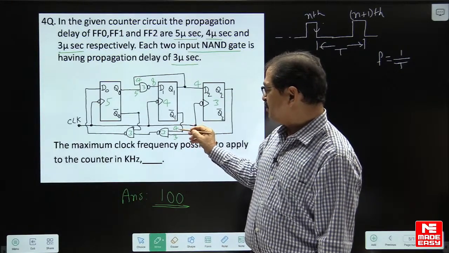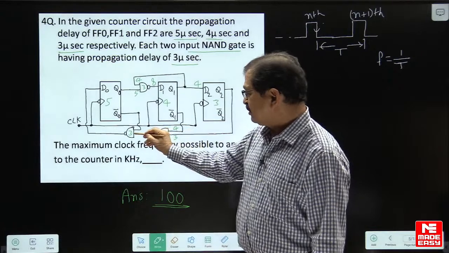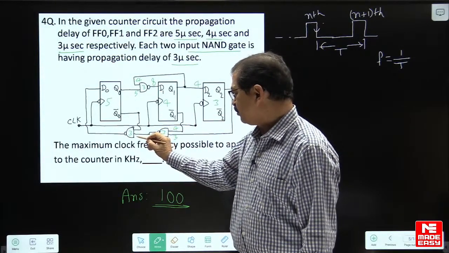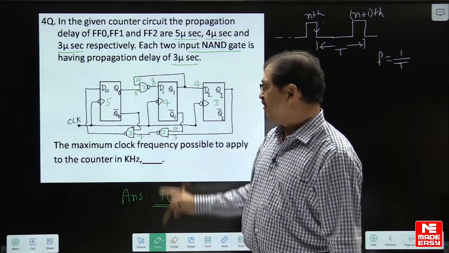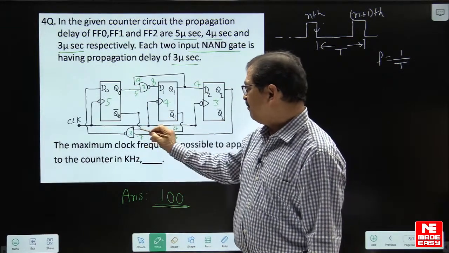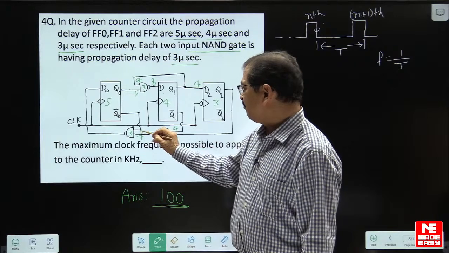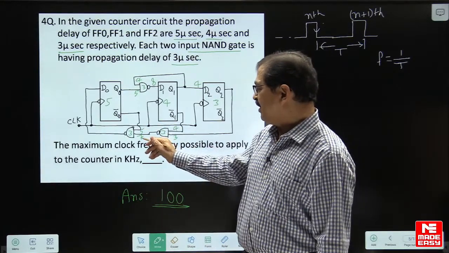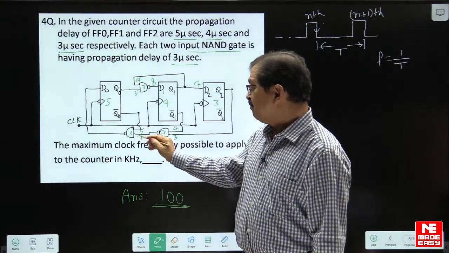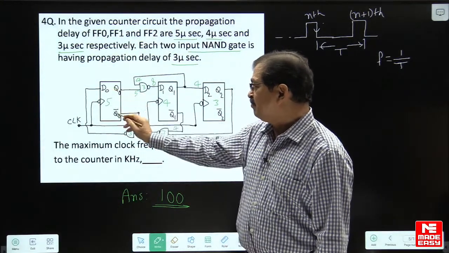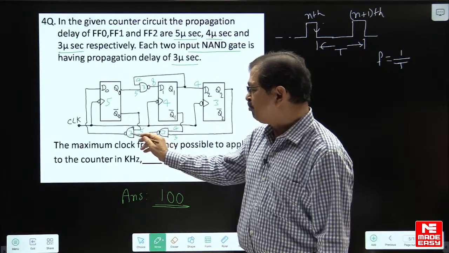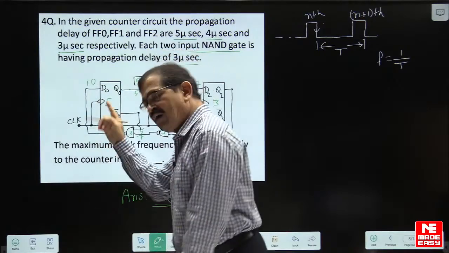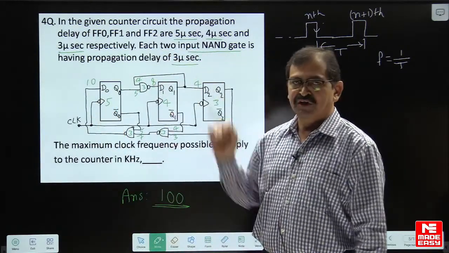Among these two, higher is 4, so the input for this NAND gate is available after 4 plus 3, 7 microseconds. The second input is available just after 5 microseconds. Among these two, definitely higher is 7. So effectively the flip-flop 0 input is available after 7 plus 3, 10 microseconds.